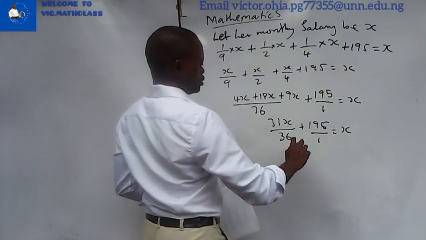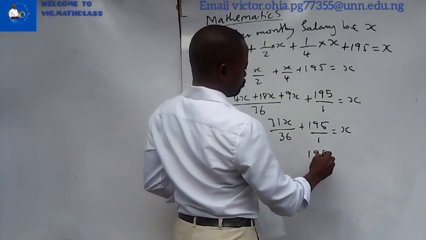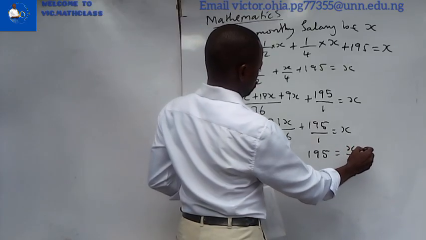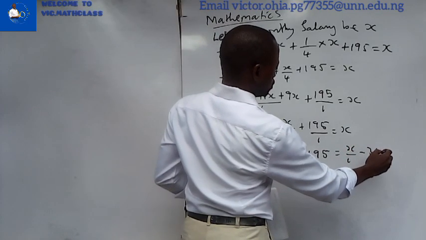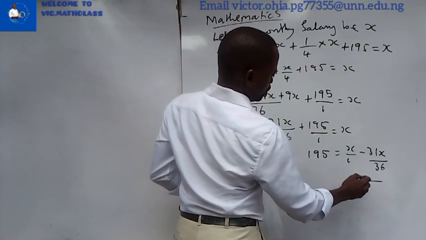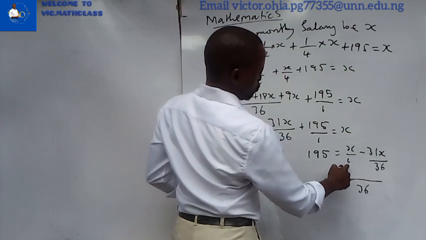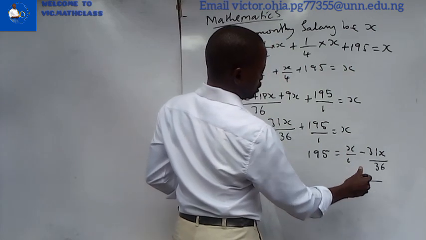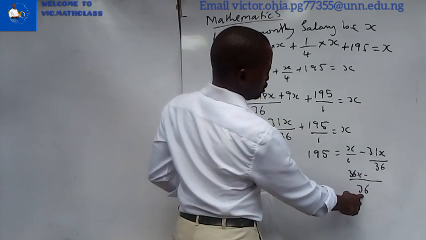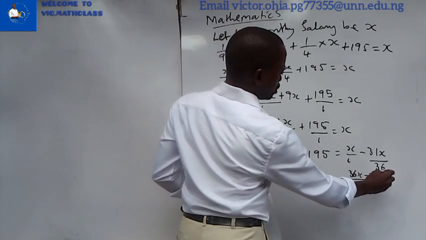So let me transfer this over here. I will have 195 equals x over 1 minus 31x over 36. The LCM here is 36. 36 times x is 36x, minus 36 divided by 36 is 1, 1 times this is 31x.